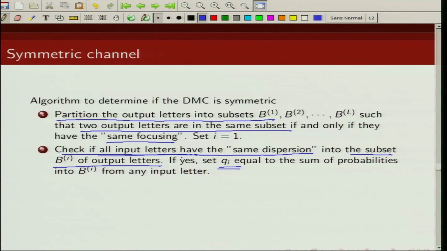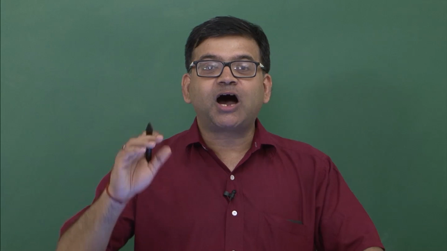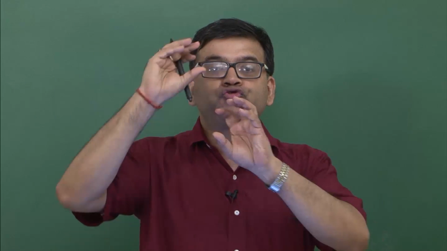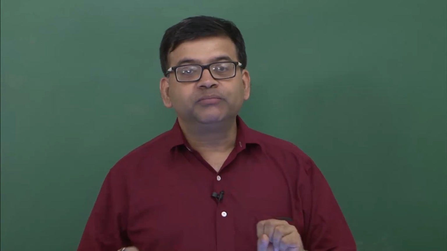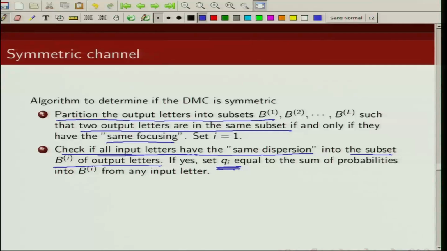If all input letters have the same dispersion into that particular subset of output letters, then we should be able to partition our channel into strongly symmetric channels, and we are going to select each of these channels with probability Qi, which is equal to the sum of probabilities from the input to that particular subset Bi.